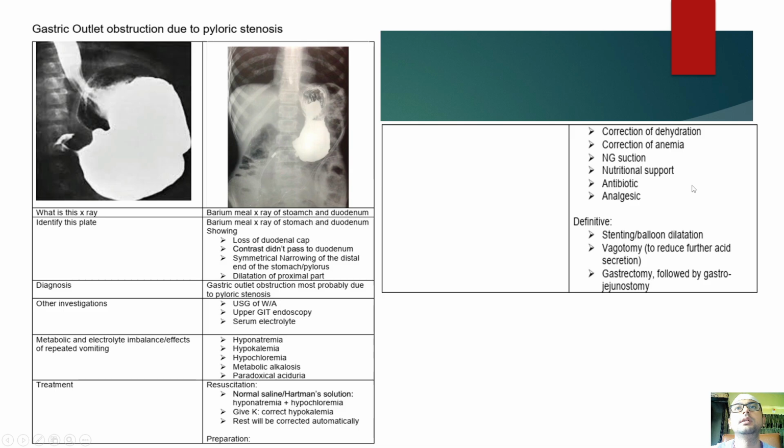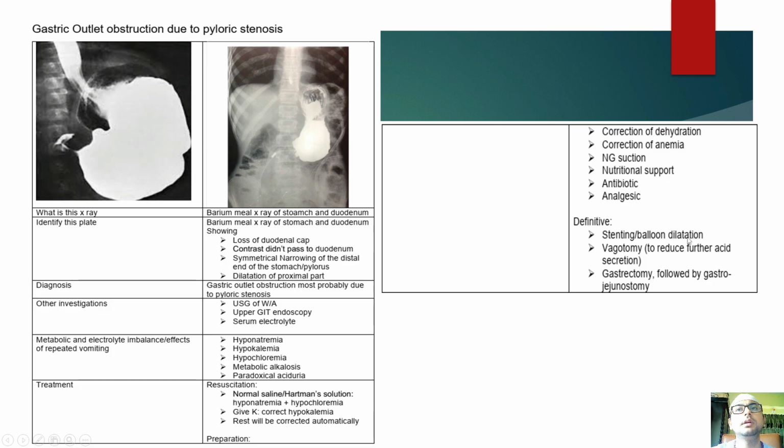So: correction of dehydration by fluid, correction of anemia, then NG suction to prevent vomiting, and nutritional support by parenteral nutrition, like Kabiven, or percutaneous jejunostomy. Sometimes if it is complete obstruction, percutaneous gastroenterostomy or percutaneous feeding jejunostomy can be done.